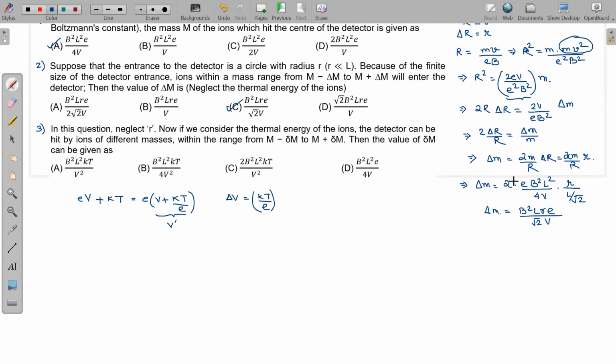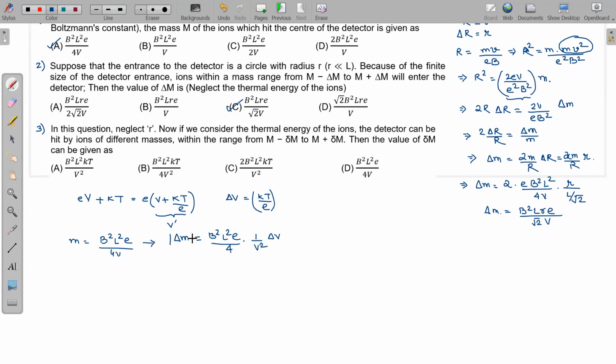Now you know that the value of mass that we calculated in the first expression, we calculated as B square L square E divided by 4V. This was the expression we calculated in the first part. So from here, if you differentiate this, delta M will be equal to B square L square E divided by 4 times 1 by V square times delta V. Right.